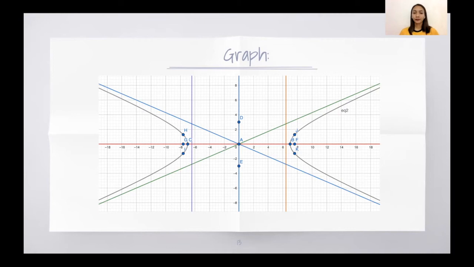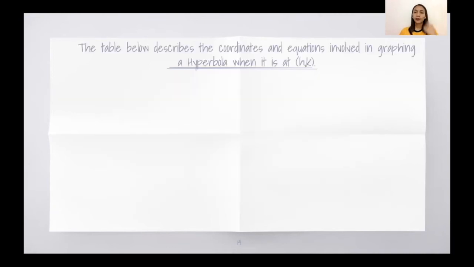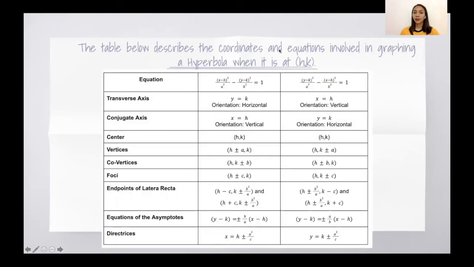Okay? Next, how about if the center is at h, k? So the table below describes the coordinates and equations involved in graphing a hyperbola when it is at h, k. So the center is at h, k. So we already know the standard form of the equation of a hyperbola kapag it is a horizontal transverse axis and vertical transverse axis. Okay, so for horizontal, we have the quantity x minus h squared all over a squared minus the quantity y minus k squared all over b squared is equal to 1.